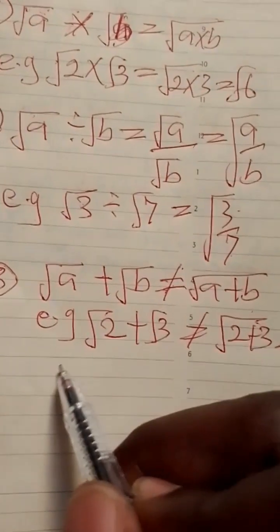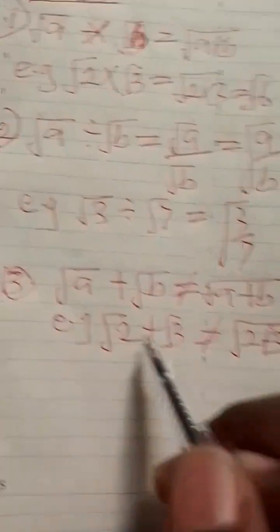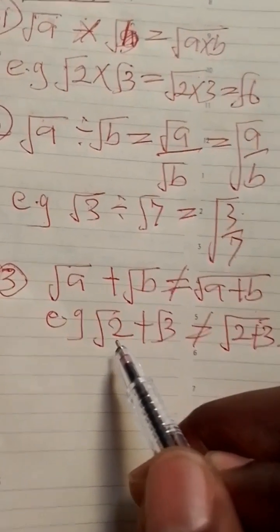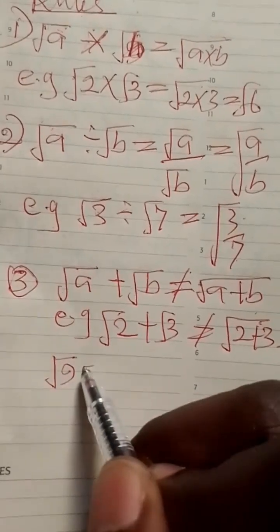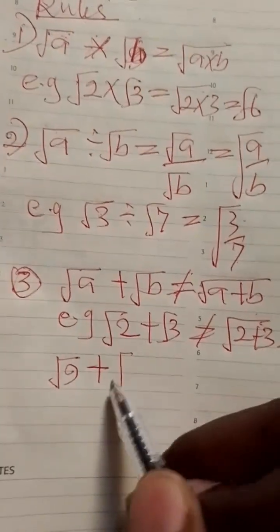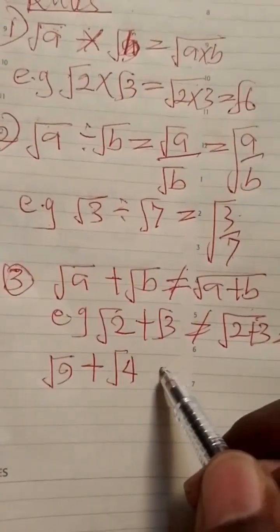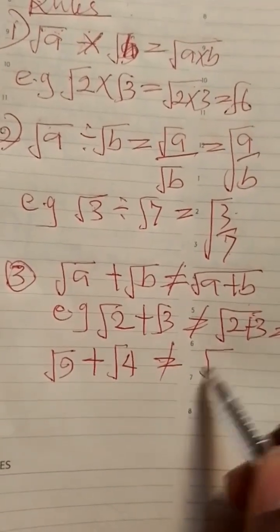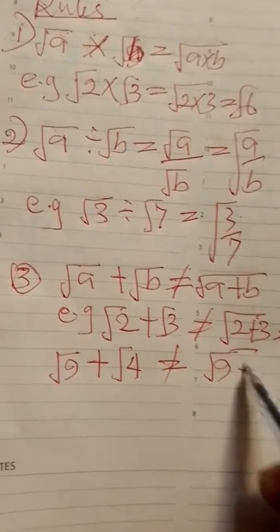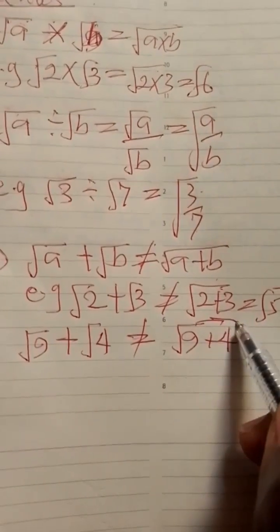Do you get that? Let me use perfect squares. Let's say we have the square root of 9 plus the square root of 4. It is not the same thing as the square root of 9 plus 4. You know, it's not even possible.